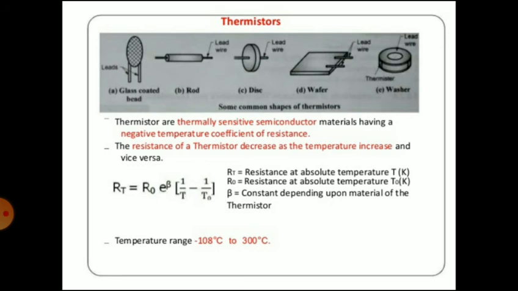This allows thermistor circuits to detect very small changes in temperature which could not be observed with an RTD or thermocouple. So this high sensitivity to temperature changes makes thermistors extremely useful for precision temperature measurements, control and compensation.